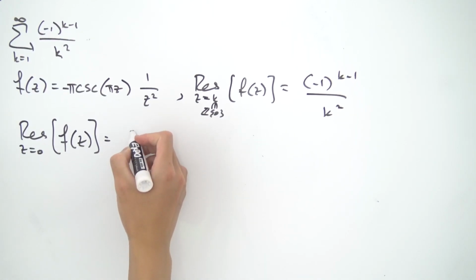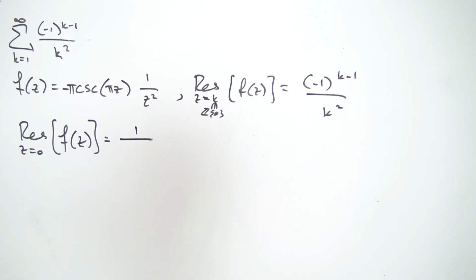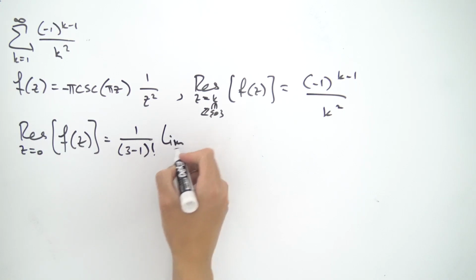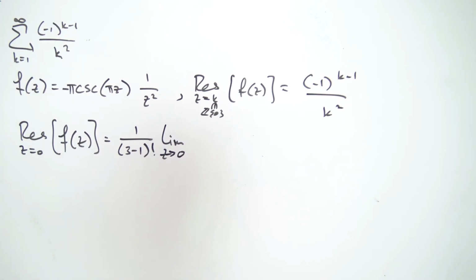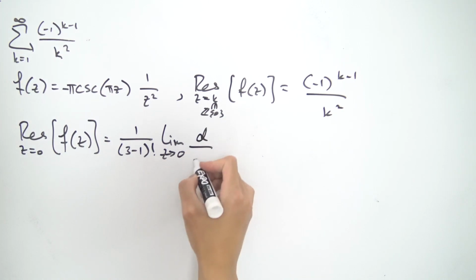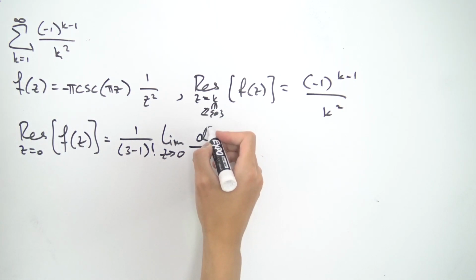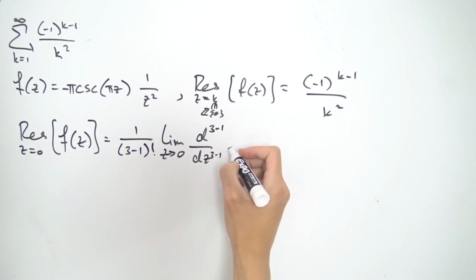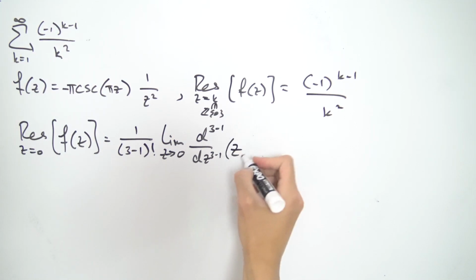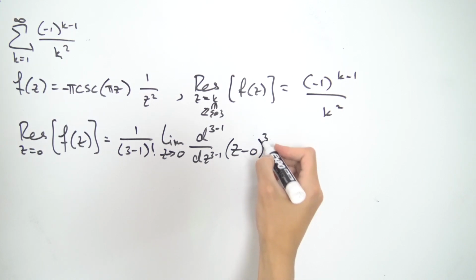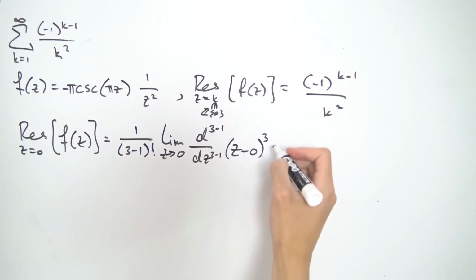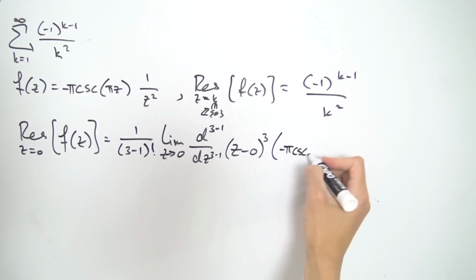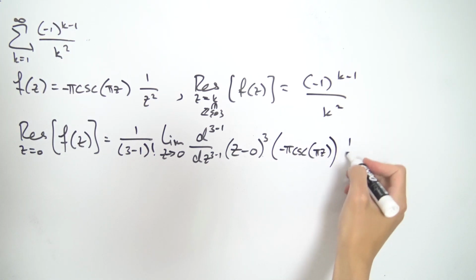So what we're going to do is take 1 divided by the order of the pole minus 1, and then take the factorial of that, and then we're going to take the limit as z approaches the pole, as z approaches 0 in this case, of the derivative, but we don't just take one derivative, we take the order of the pole minus 1, so in this case it would be the second derivative of z minus the pole, so z minus 0 cubed, times our function, which is minus pi, times the cosecant of pi z, times 1 over z squared.